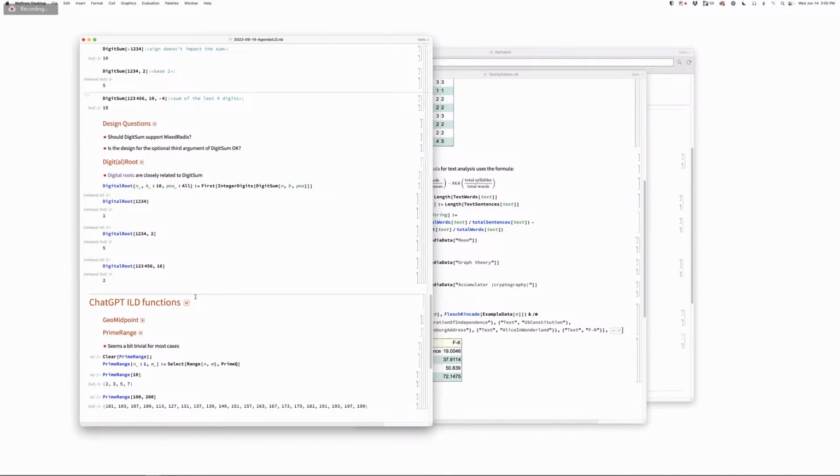These were the last couple of things, in case we had a little bit of extra time. Just some more miscellaneous GPT-suggested functions that are reasonable to implement. I think PrimeRange is pretty silly. Yeah, it seems pretty trivial. And I'm not even sure it's the right thing. I think it would be more like I give you two numbers, and I guess you give me the primes between them.